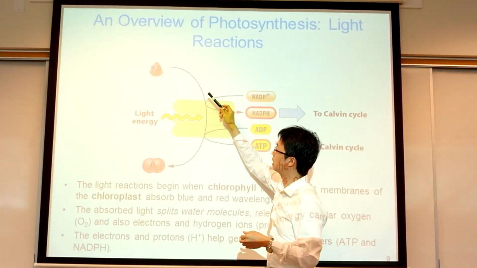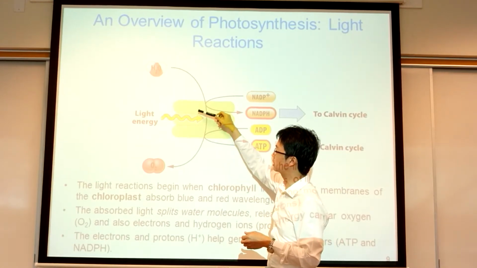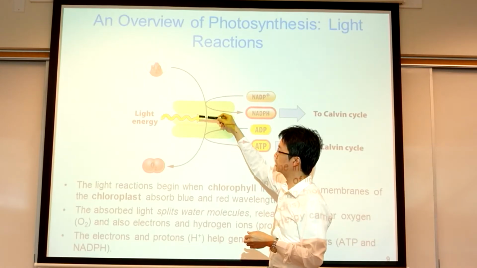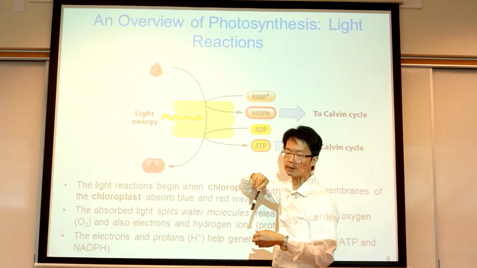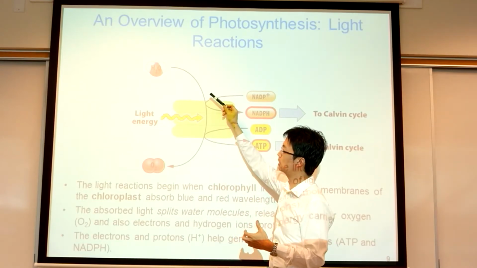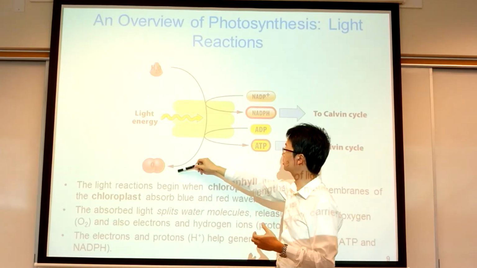So light energy goes through the stacks of the thylakoid, and in each stack of thylakoid, they have the photopigment chlorophyll. They can trap the sunlight, and then they will gain enough energy to split the water into oxygen.